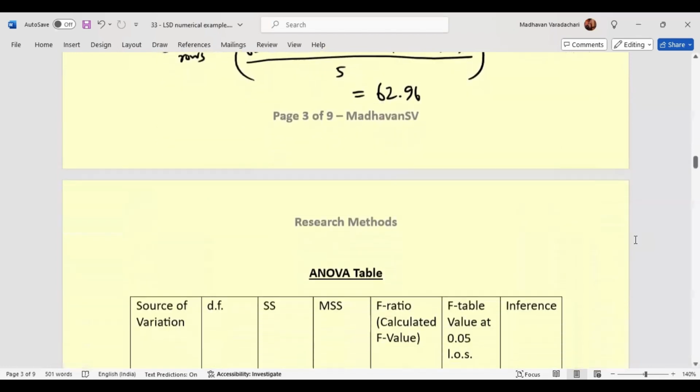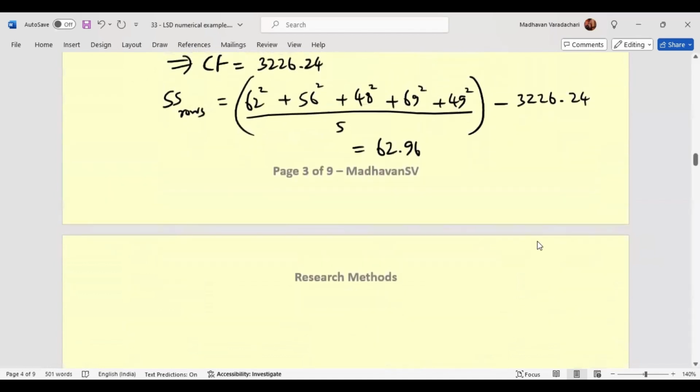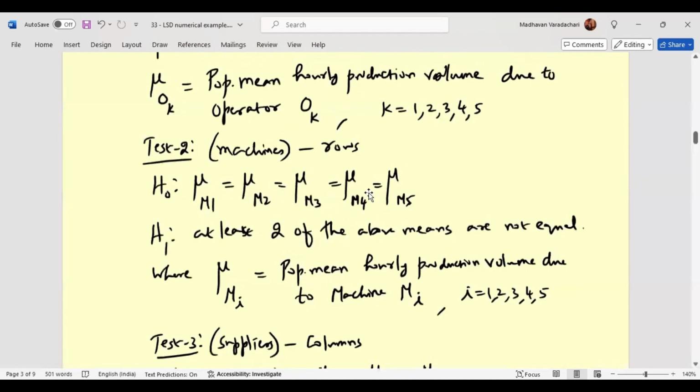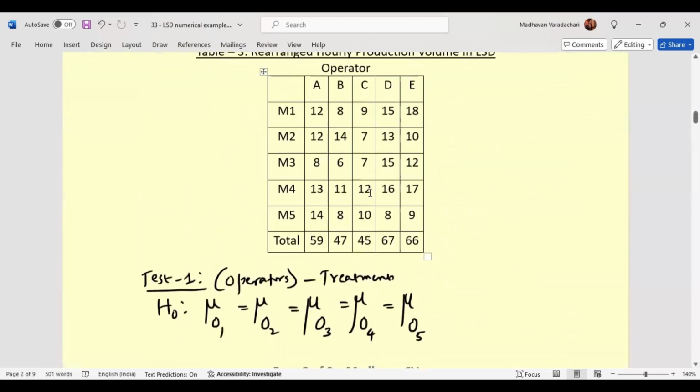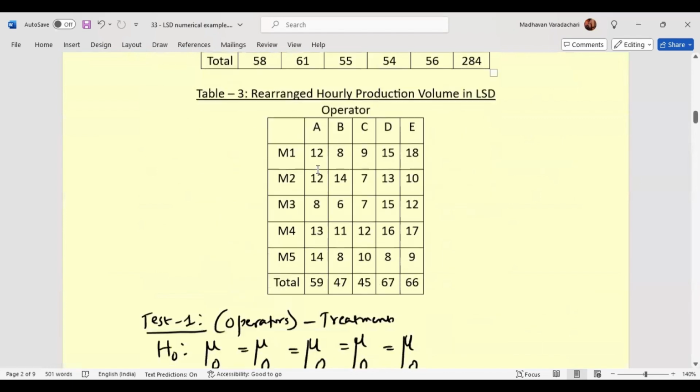Proceed to the next thing. Next one is sum of squares of columns. Every column's total will be squared and then summed up. Means 58 square plus 61 square plus 55 square plus 54 square plus 56 square. Every total is made out of 5 observations, so again, it will be divided by 5, subtracting with the correction factor.